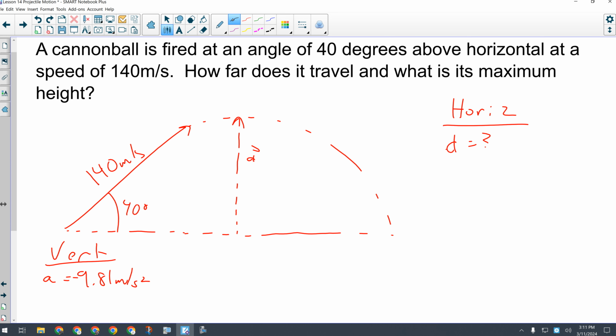Horizontal velocity and vertical initial velocity. I can calculate the horizontal component of this velocity, which I'm going to need over here, and I can calculate the initial vertical velocity. If I want to calculate that side, what trig function am I going to use?